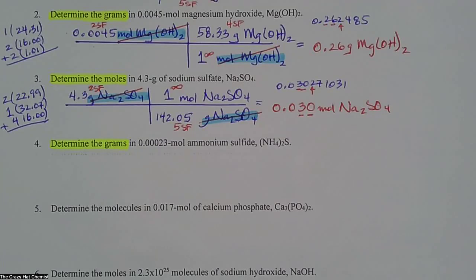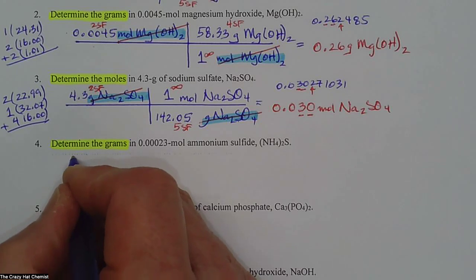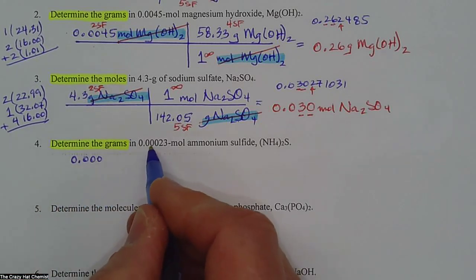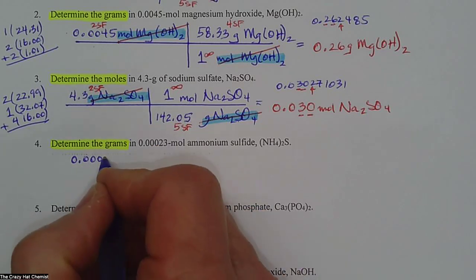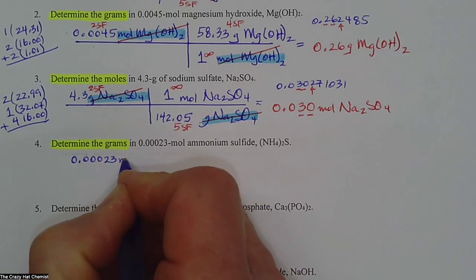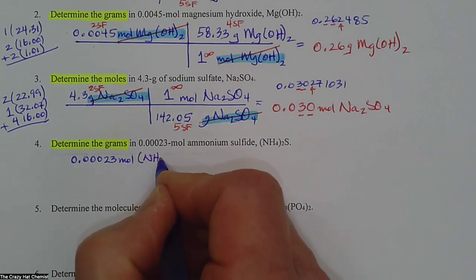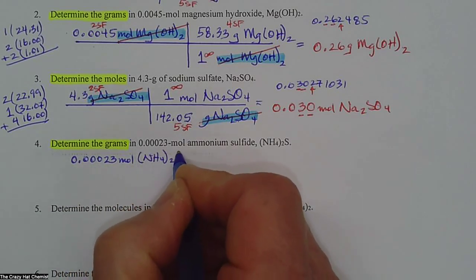And you should see that problem number 2 and 4 are very similar. The number is different and the formula is different. Otherwise, the process is exactly the same. So again, we are going to start off with this number, 0.00023, and the units, that's moles, and then the formula NH4 2S.